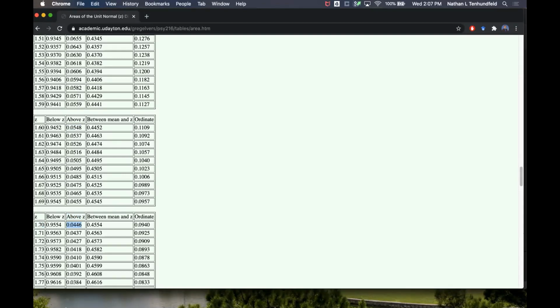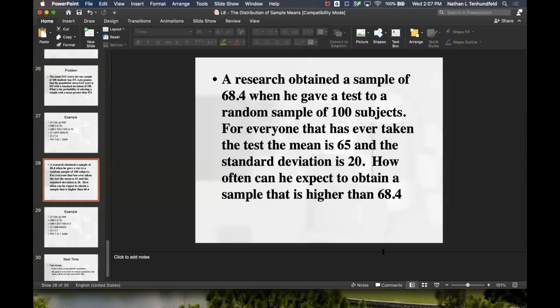And so now we can say, okay, the fact that the researcher obtained the sample that had a mean of 68.4, that only had a 4.5% chance of happening. Right. And so now that's where we start getting into the ability to attribute other potential explanations.